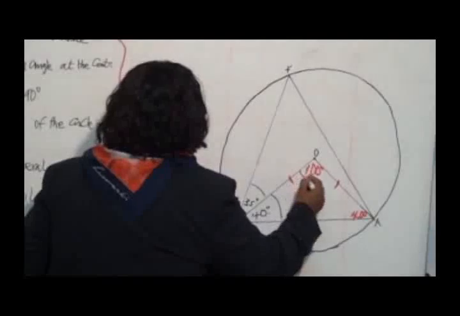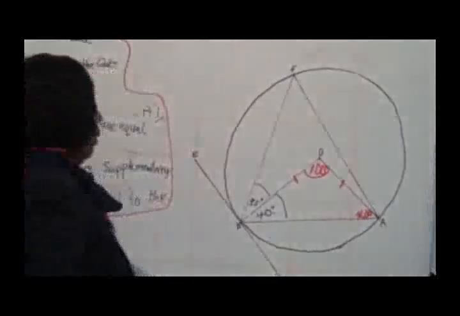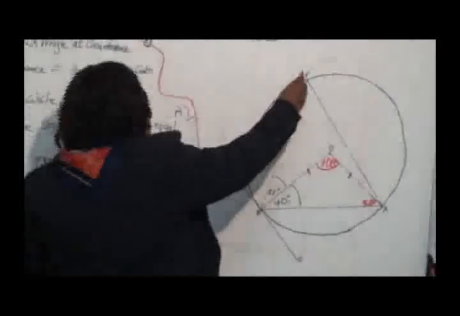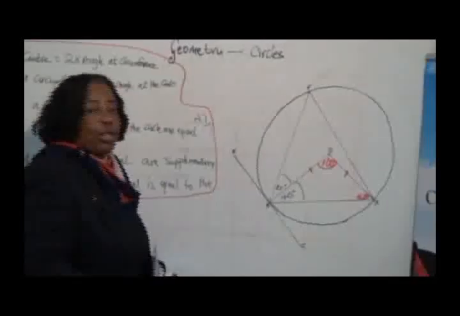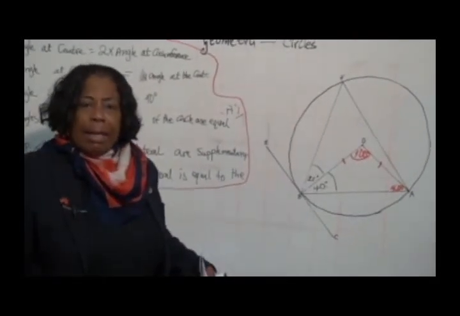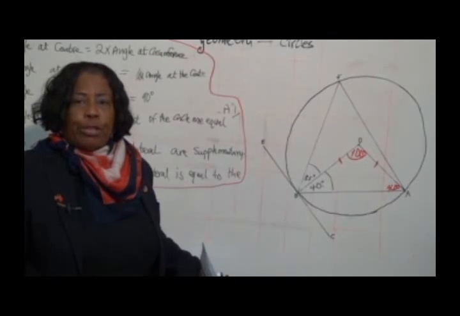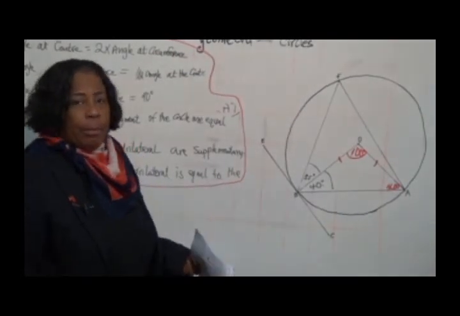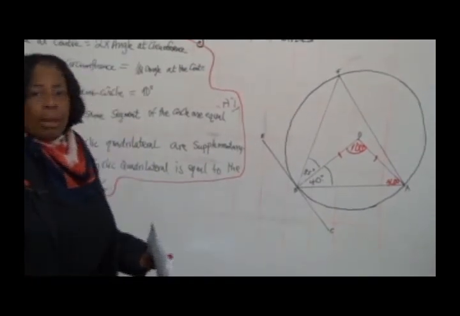Now, this is the angle at the center, and we have the angle F at the circumference. What's the relationship between the angle at the center and the angle at the circumference? The angle at the center is twice the angle at the circumference; the angle at the circumference is half.